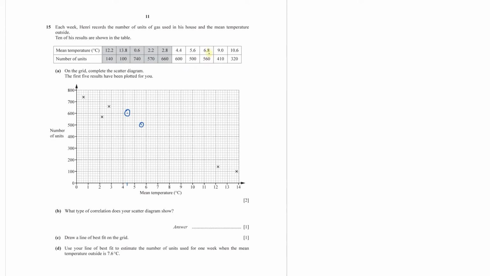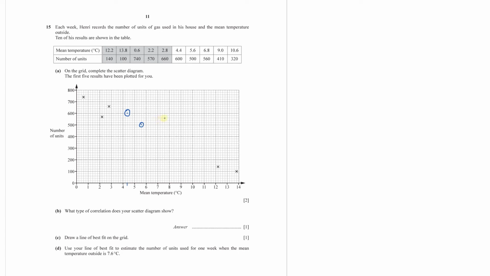Then is 6.8 and 560. So this is 100 and 1, 2, 3, 4, 5 points. So 5 small blocks and 100 change. So that means each small block represents 60. Wait, so you have to go till 560, which means 3 small blocks above this 500. So this is your 560 line, and you have to go up till 560 and 6.8.